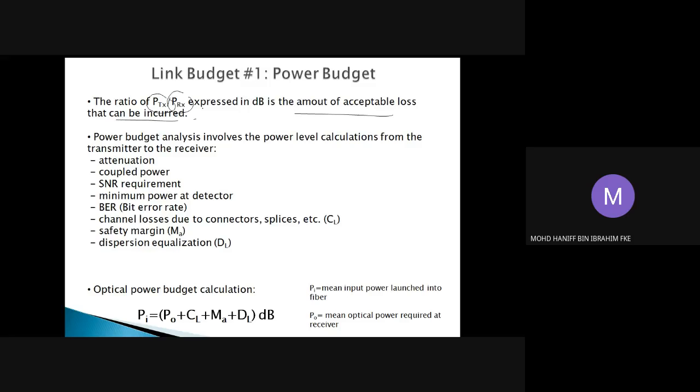For instance, if the PTX at the transmitter is 0 dBm, and at the receiver side the receiver sensitivity is negative 40 dBm, we have a 40 dB difference between the input power and receive power.